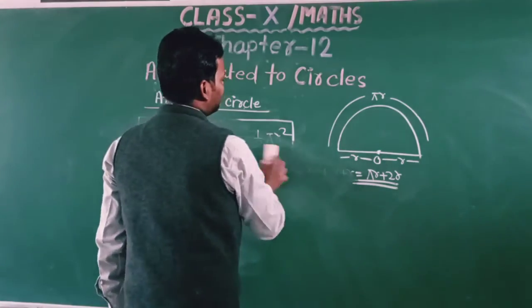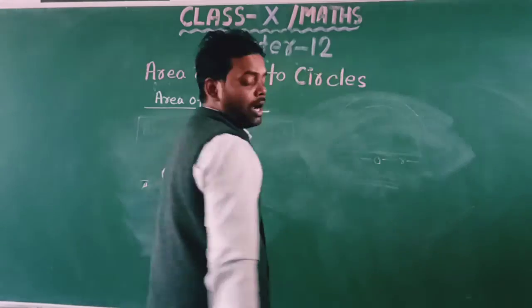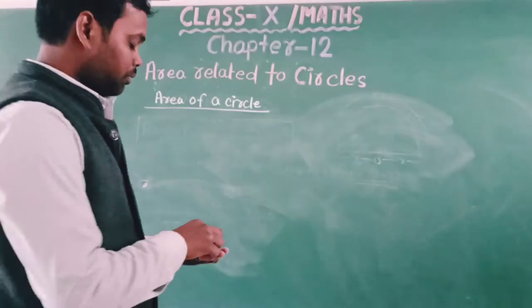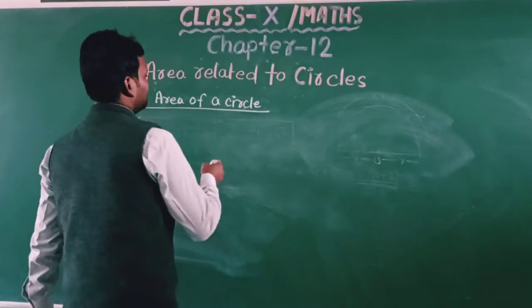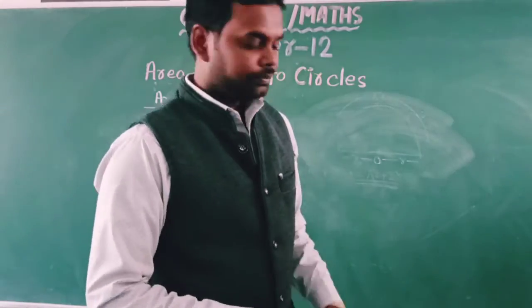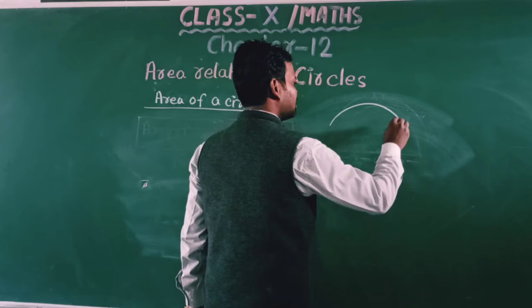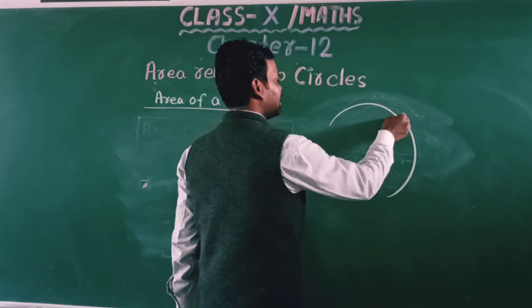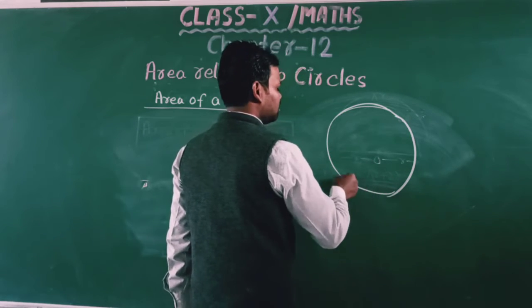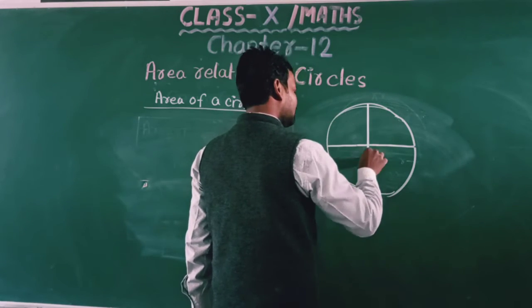A circle also contains a quadrant. Then what is the formula for the area of a quadrant? In a circle we draw two diameters perpendicular to each other.